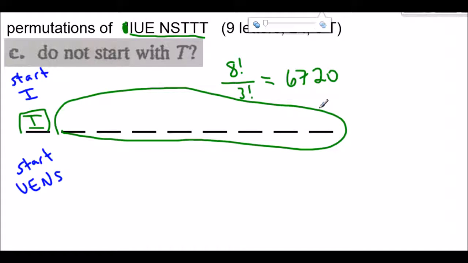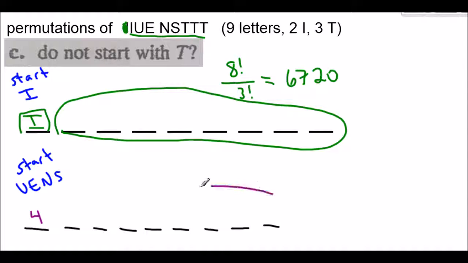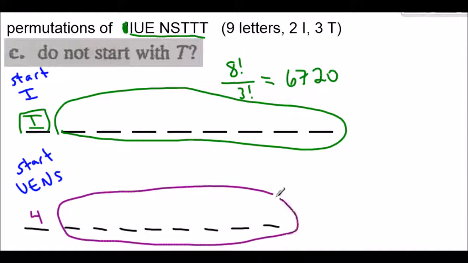Now, let's say that I start with a U, E, N, or S instead. So if I start with a U, E, N, or S, so 1, 2, 3, 4, 5, 6, 7, 8, 9 positions. So first of all, I have 4 choices as to what goes first. Choose between U, E, N, or S. Then I have 8 spots left over.